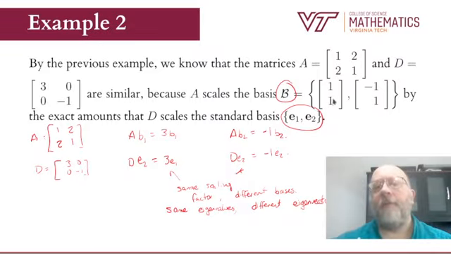To convert from the alternate basis to the standard basis, we multiply by P. To go from the standard basis to the alternate basis, we multiply by P inverse, where P is the matrix that we get by putting these two columns together. So 1, 1, negative 1, 1.